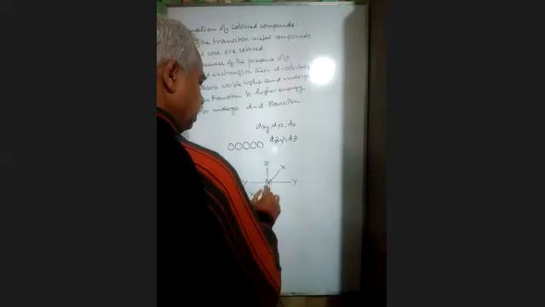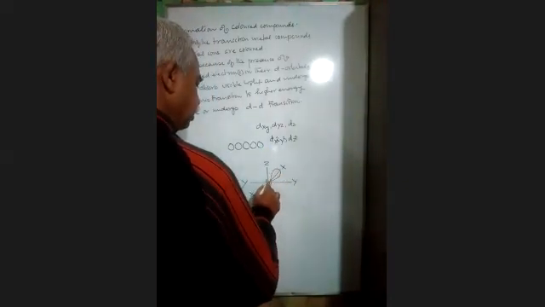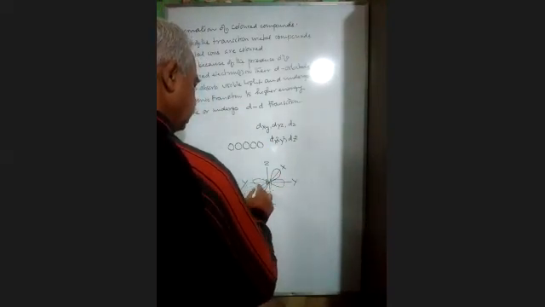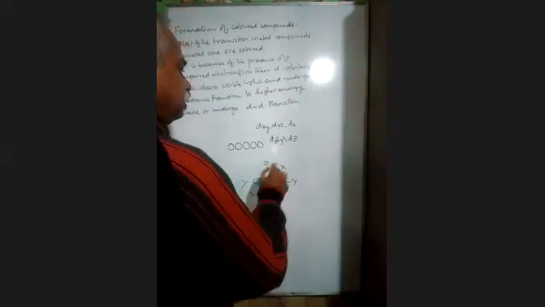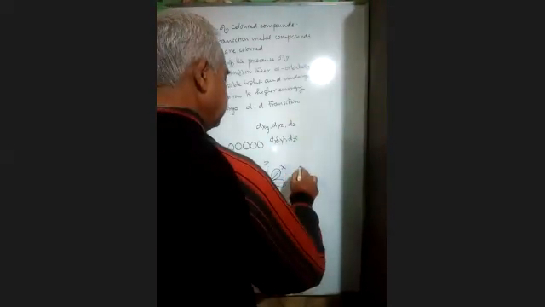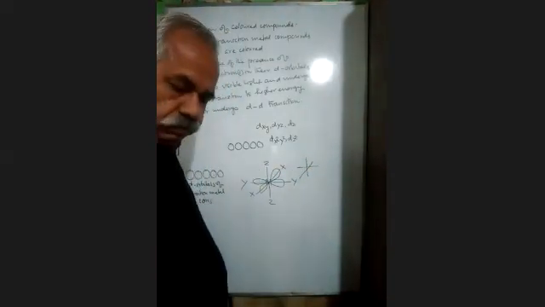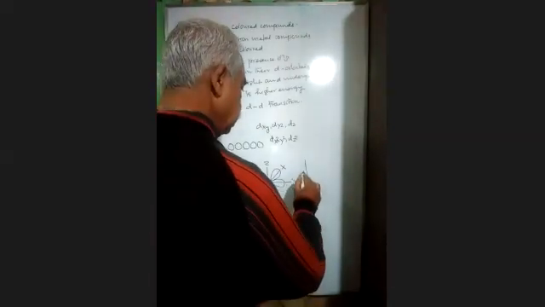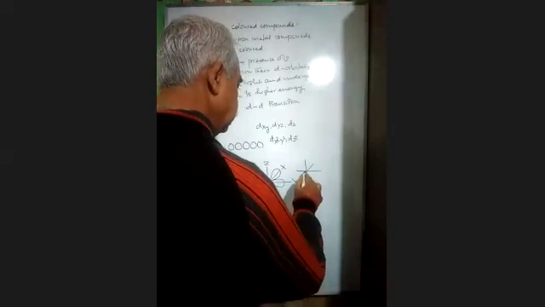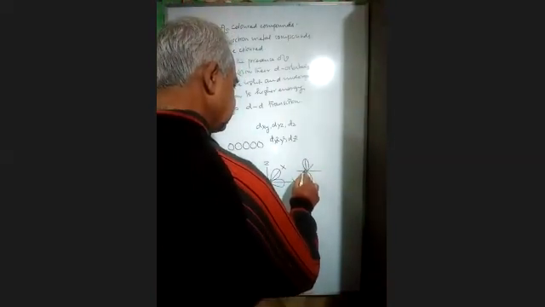See, dx square minus y square lies along this. Then the dz square orbital is along the z-axis like this.